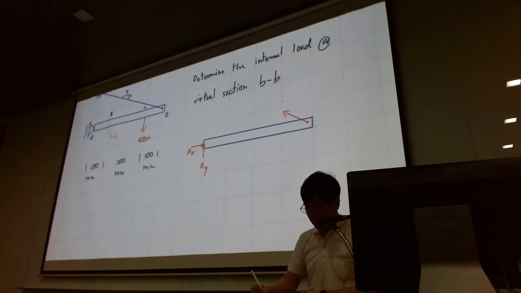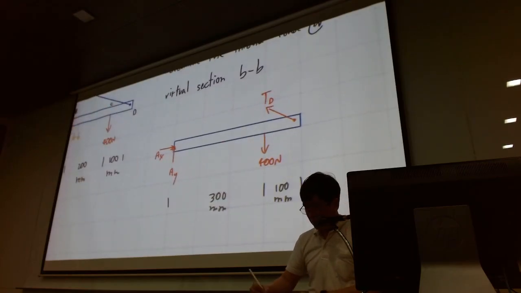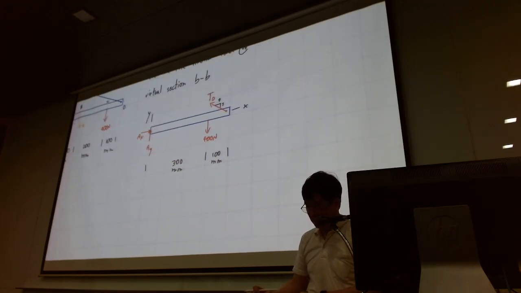So this is going to be tension T at D. This is 400. So right here, 300 millimeter, 100 millimeter. So when you do that, this needs to be addressed as 3, 4, X and Y. So this is going to be your free body diagram of that picture.